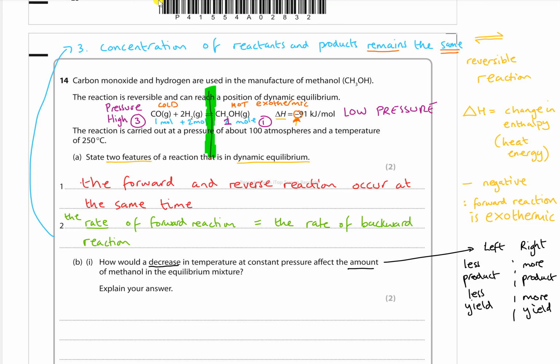So if you decrease the temperature, the system will go to the side with the higher temperature. So this is the hot side. Once you've made it cooler, it wants to become hotter, so it'll shift this way.